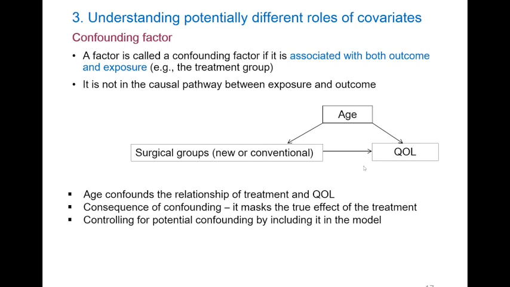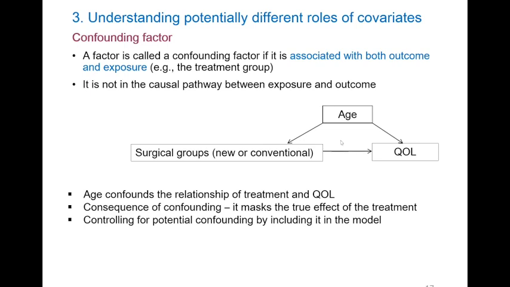These are the kinds of measures of quality of life. And quality of life usually is a continuous scale. Intuitively, younger people have a better quality of life, and a greater value of quality of life means better quality of life.